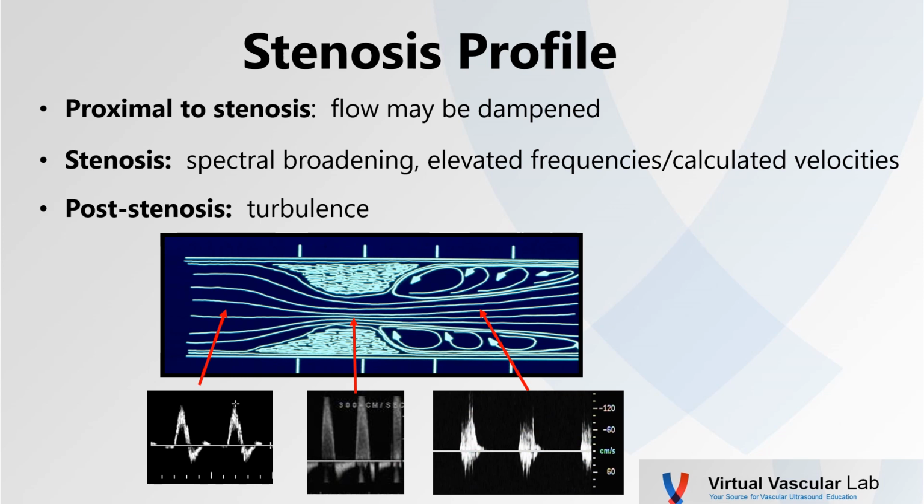Within the stenosis, we're going to see spectral broadening, a disturbed flow, elevated frequencies, and hence elevated calculated velocities. Then, most important too, is to document the presence of post-stenotic turbulence with the flow reversals, eddy currents, vortices. Basically, that post-stenotic turbulence is integral to the determination of a stenosis.